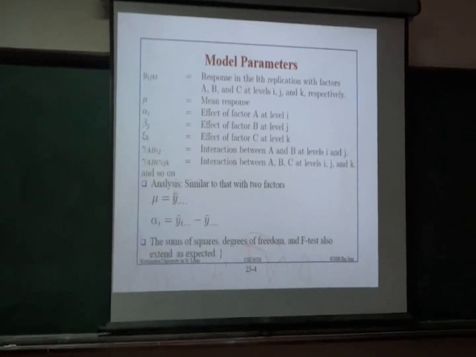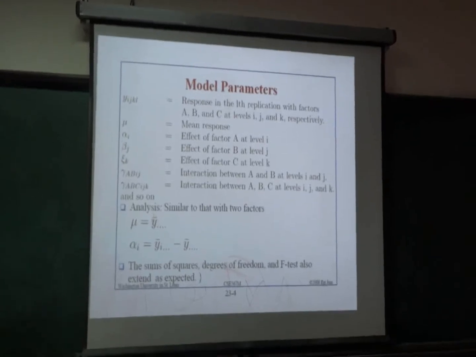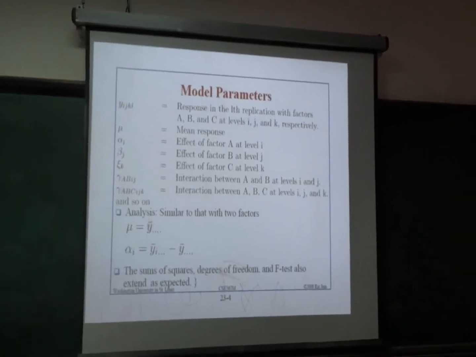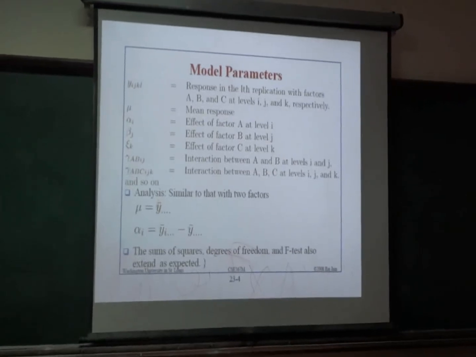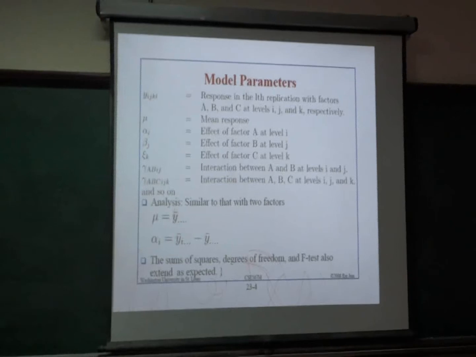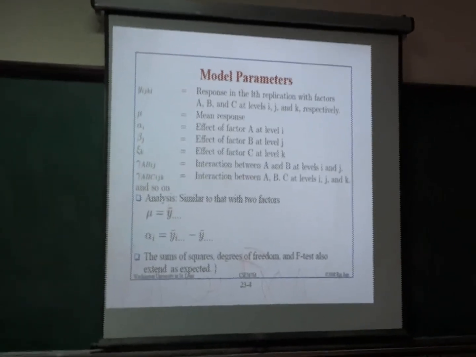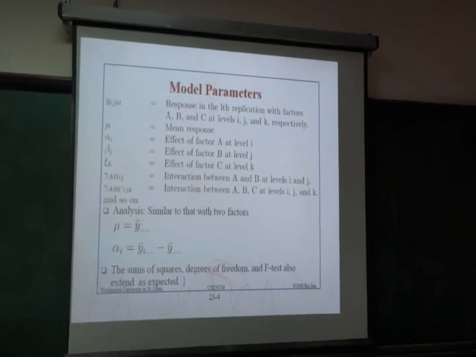Here the model parameters are: y of ijkl is the response in the l-th replication with the factors a, b, c at the levels i, j and k respectively, where mu represents the mean response. Alpha of i is the effect of factor a at the level i.